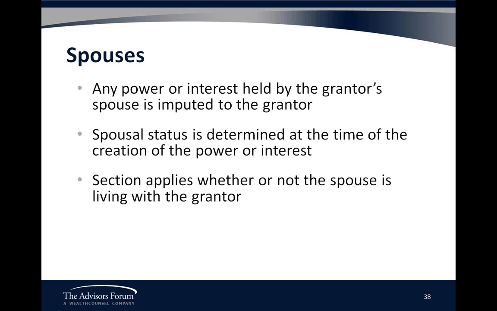Spouses are good planning tools, whether you're filing a joint tax return or doing estate planning. Any power or interest held by the grantor's spouse is imputed to the grantor, and it's determined at the time of the creation of the power. That's why I made the earlier comment that you could have a divorced spouse and it's still a grantor trust, but the spouse has to be alive.